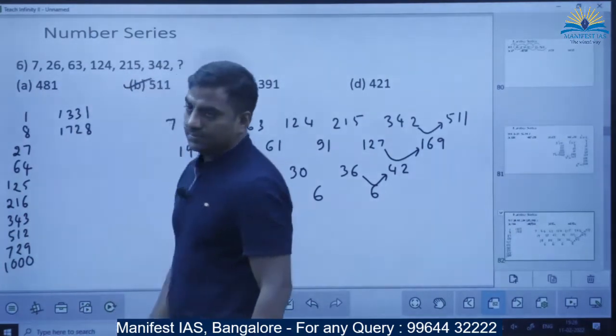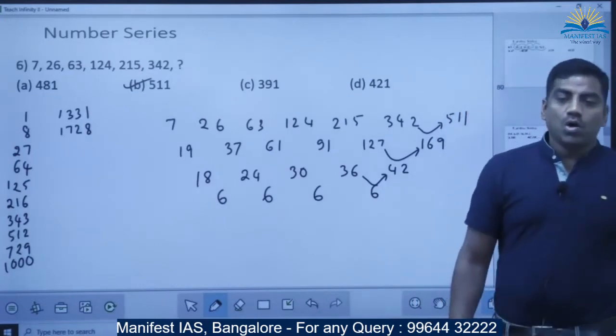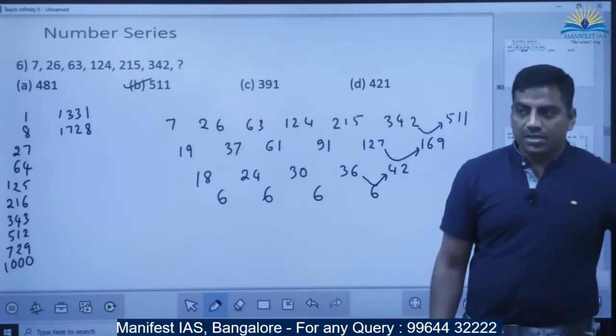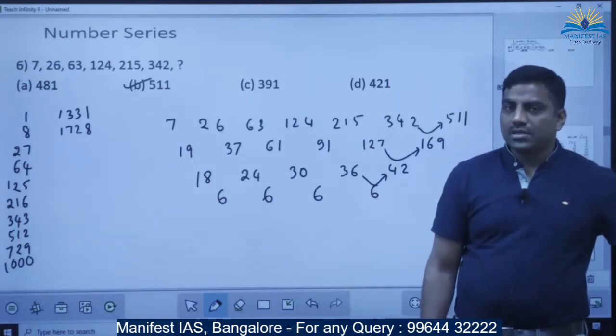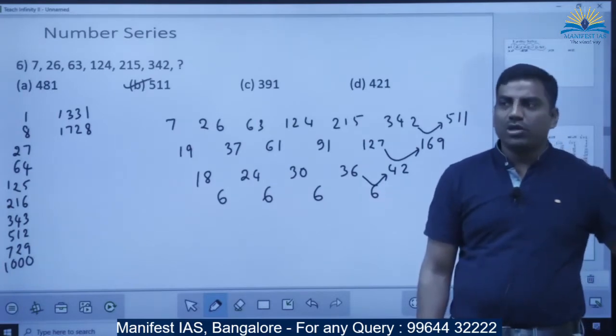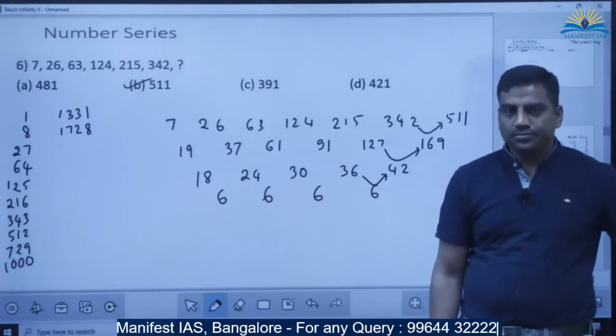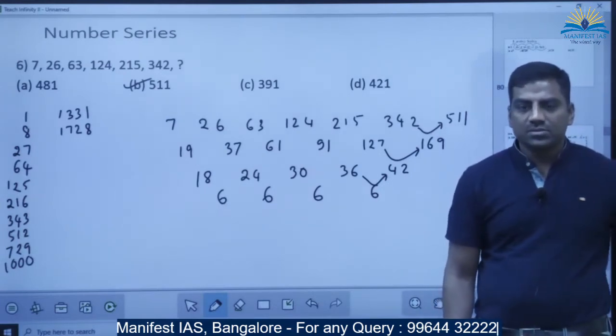Write these, up to 12 cube. Just as squares up to 25 are important, similarly we need cubes up to 12. If you have this knowledge, one way or the other, it is going to help you.